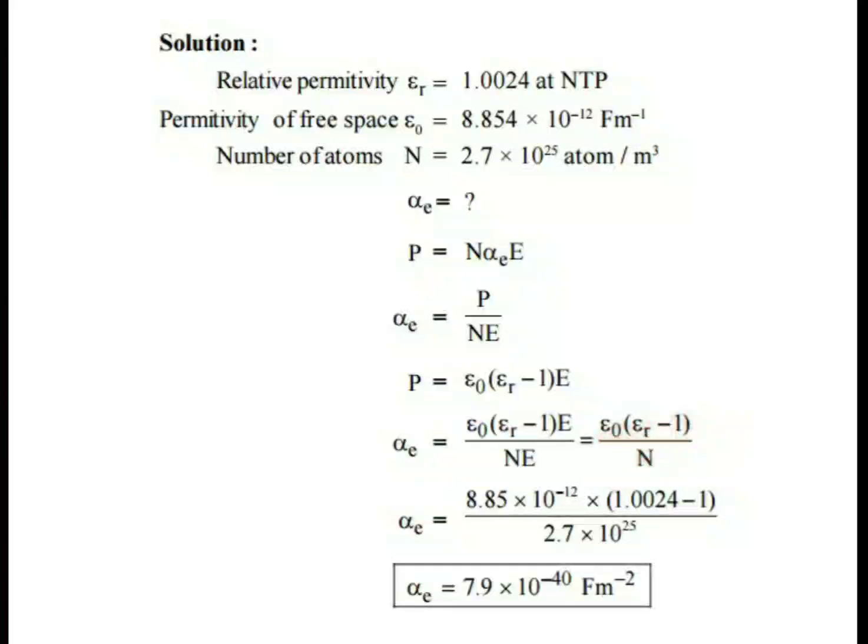Now this is the formula of electronic polarizability: epsilon naught into epsilon r minus 1 by capital N. Now substitute the values of epsilon naught, epsilon r and N. Finally we get the answer 7.9 into 10 power minus 40 farad per meter square. This is the solution of the problem. Now next problem.